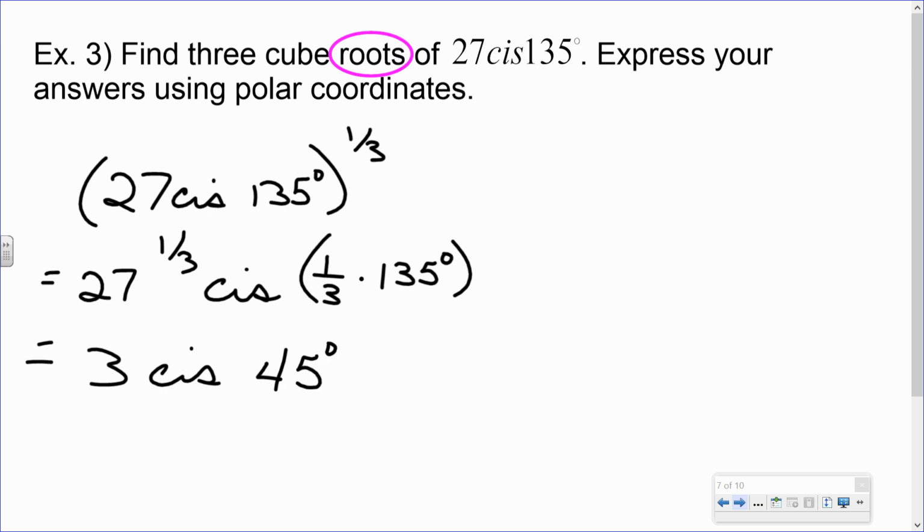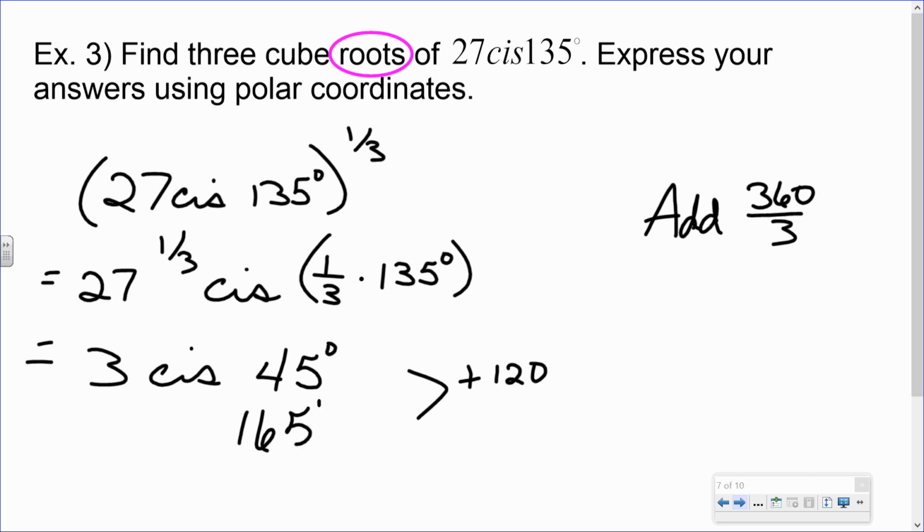That is my first of these roots. It's okay to leave it in polar, so that part's nice. Because they are cubed roots, to get the other 2, I need to add 360 divided by 3. So 45 plus 120 is 165, so I have 3 cis 165.